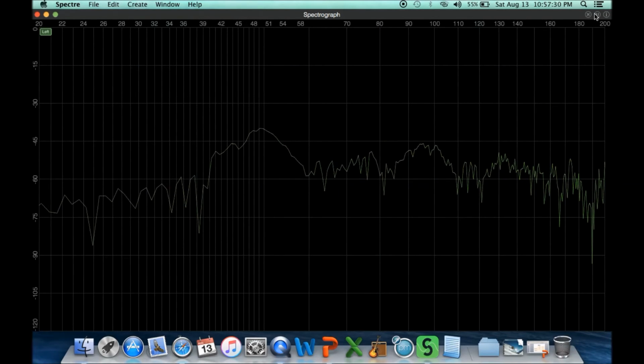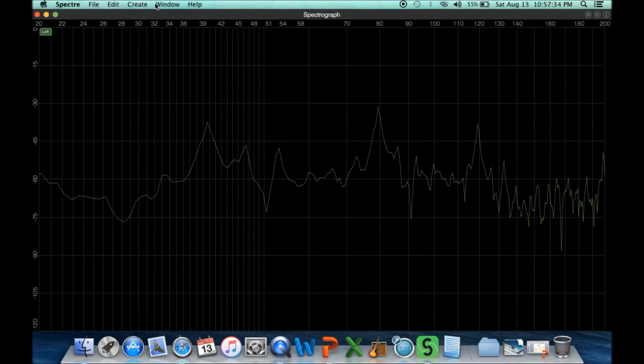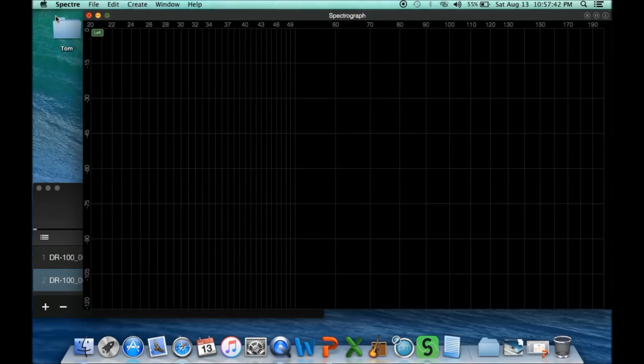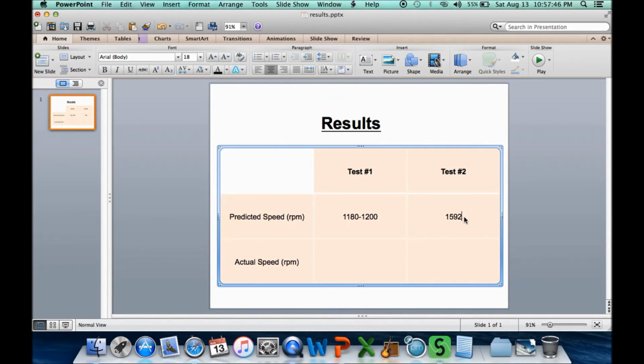So actually at the end there it crept up to about 80. So actually it could be as high as 1600. Again, this is probably all within the ability to measure this. So I'm going to say up to 1600-ish.